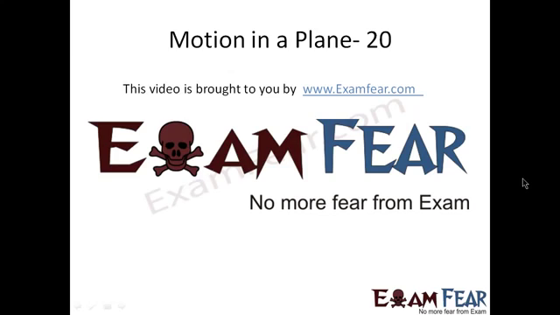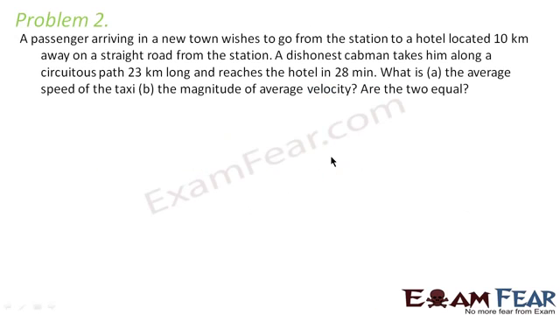Please make sure that you have watched all the videos from part 1 to part 19 before going ahead with part 20. Another problem. The problem says a passenger arriving in a new town wishes to go from the station to a hotel located 10 kilometers away on a straight road from the station.